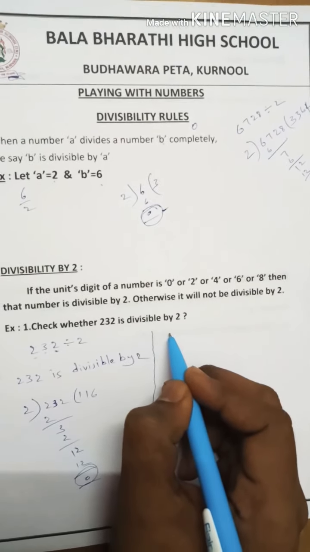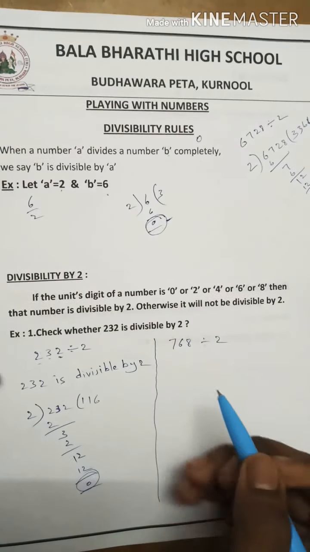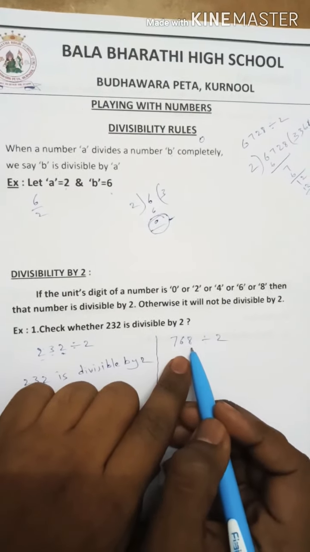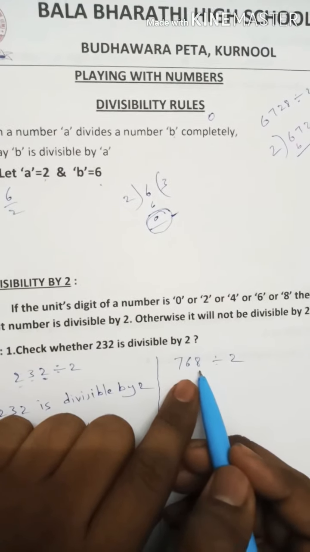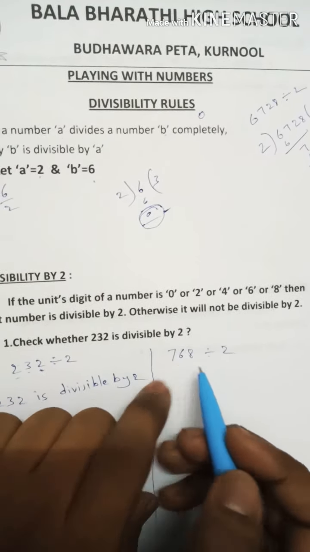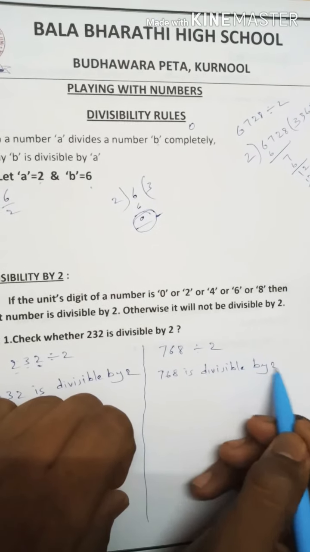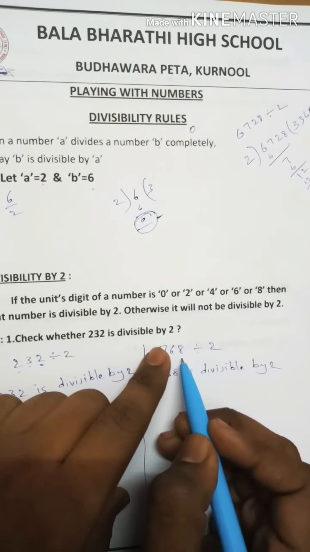Let us check whether 768 is divisible by 2 or not. If you look at the units place, in the units place we have the number 8. So from this we can say that 768 is divisible by 2. Why?